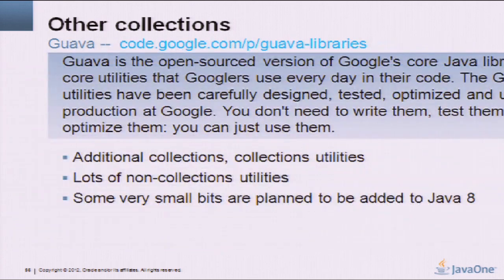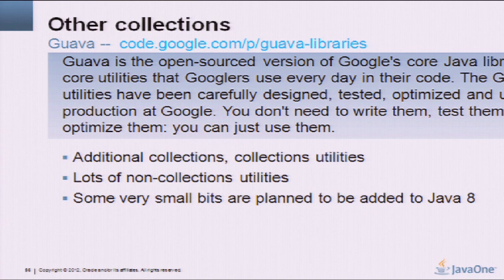Another one which a lot of people have probably heard of already is the Guava collections library, which is provided by Google. And in fact, Guava's more than just collections. They're now branching out into files and preconditions, some design by contract functionality, and character set mappings and other things like that. But there's some interesting collection stuff in the Guava collections that aren't part of the JDK.